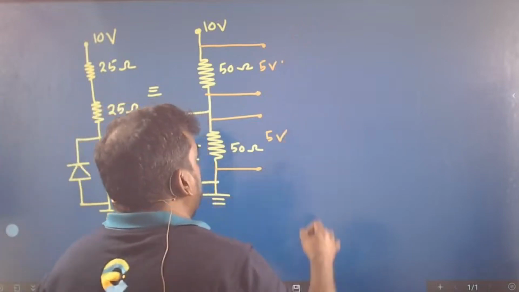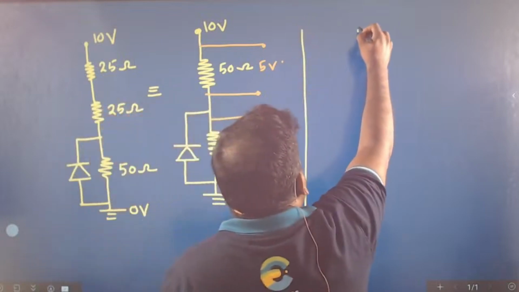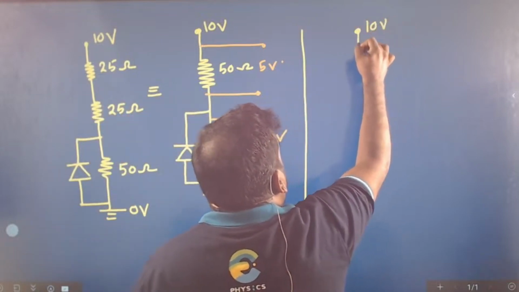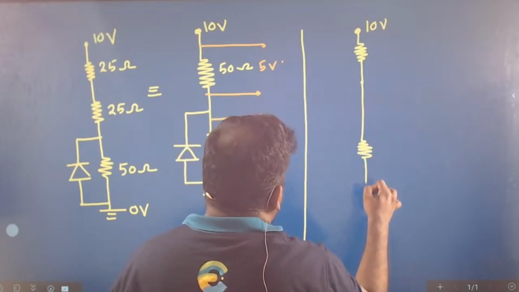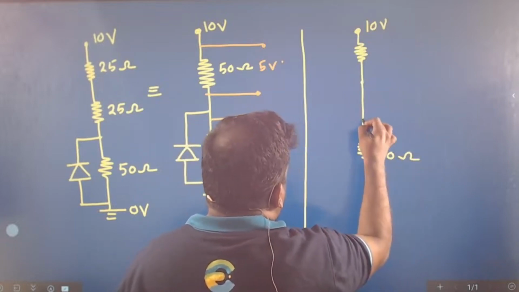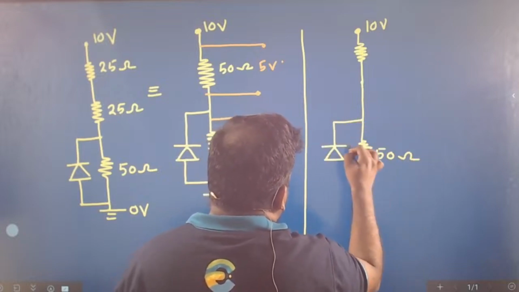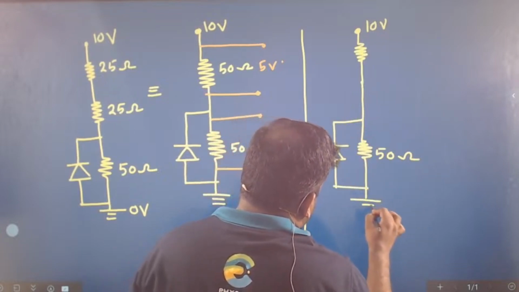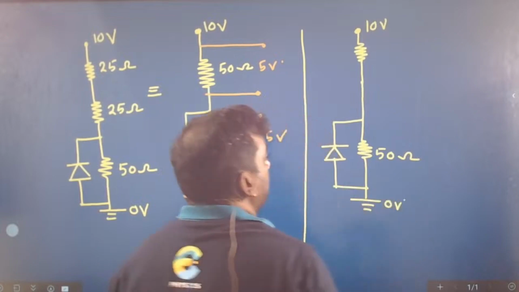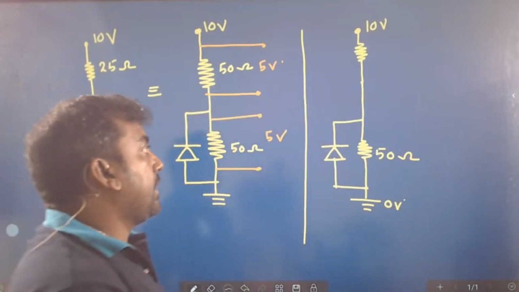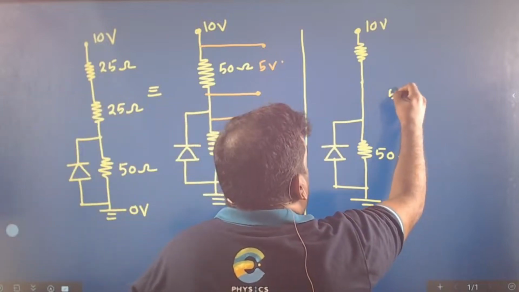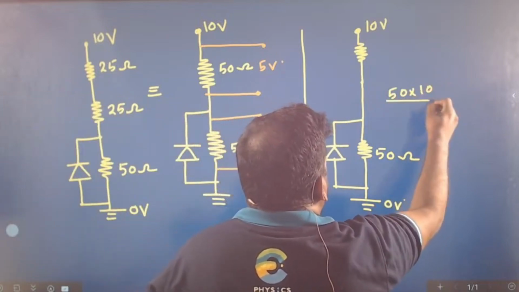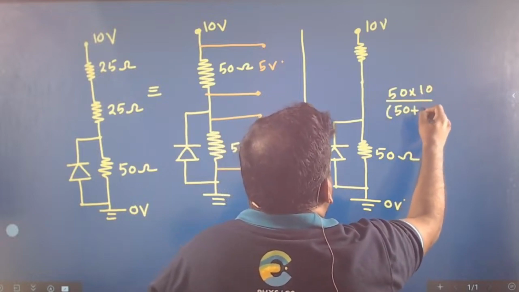Next situation. Here 10 volt. 25 ohm is there. 50 ohm. Diode is there. Here grounded 0. Okay. Now how will you find the voltage? 50 times total voltage divided by the addition, 50 plus 10.